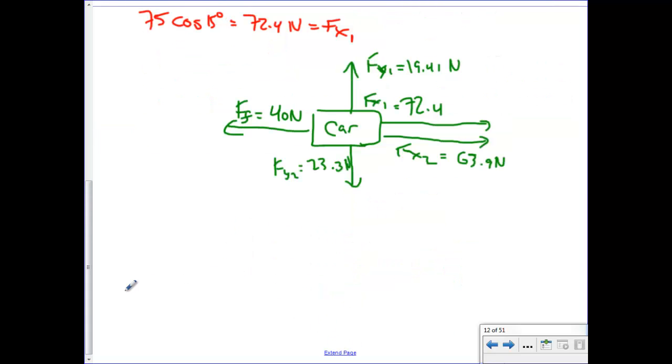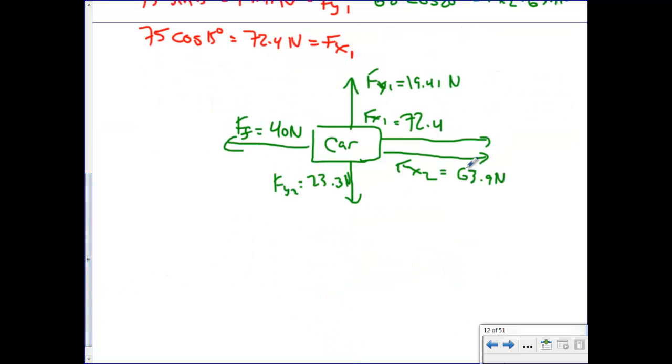So now we subtract and add. How much total force is pulling the car forward? Well, those two again: 72.4 plus 63.9. But then we have to subtract 40 because friction pulls back at 40.